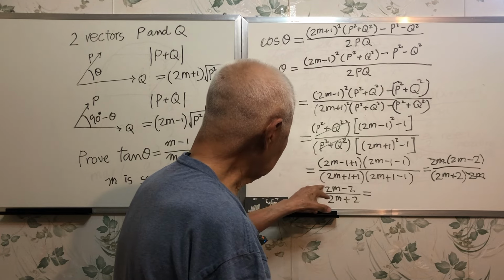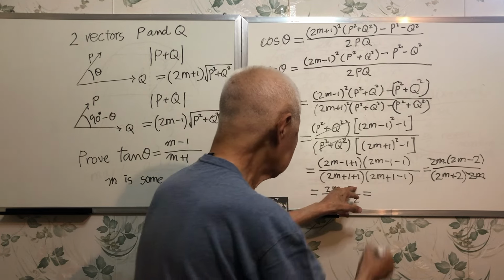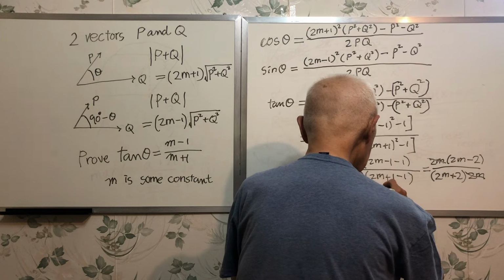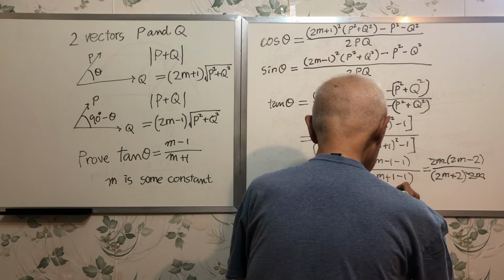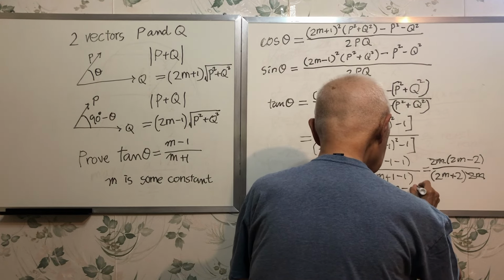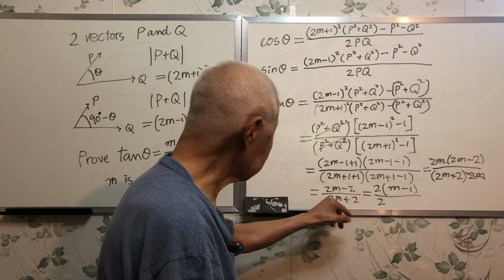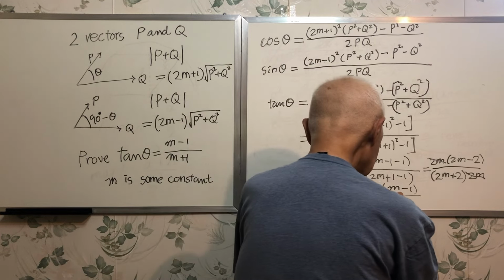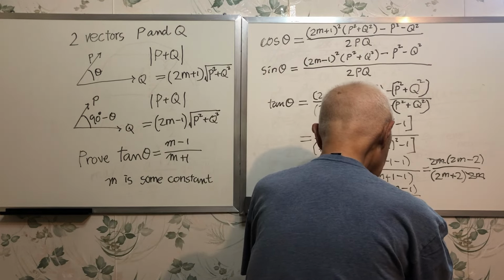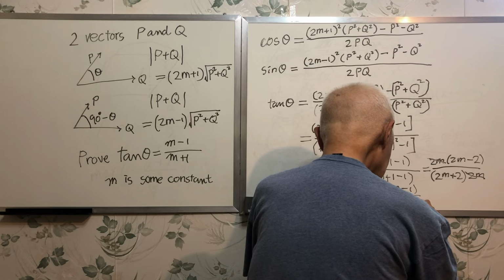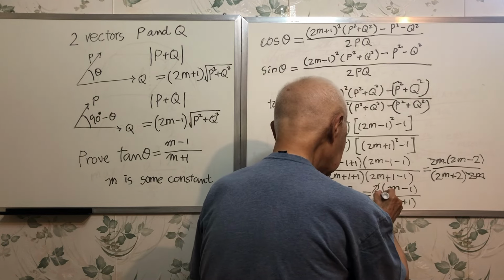I can factor out the 2. Factor out the 2 in the denominator. The 2 and 2 cancel.